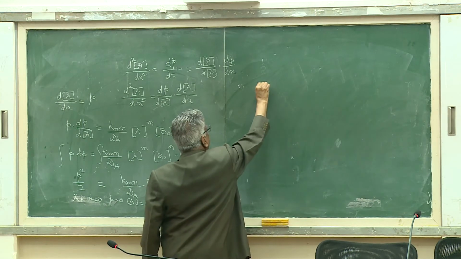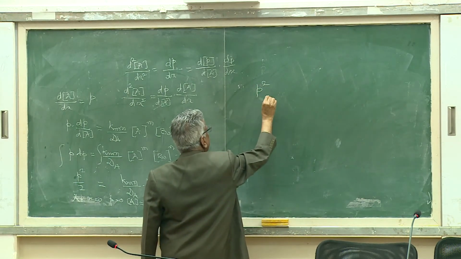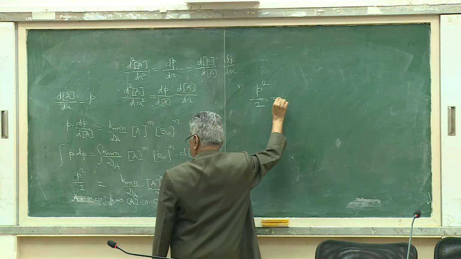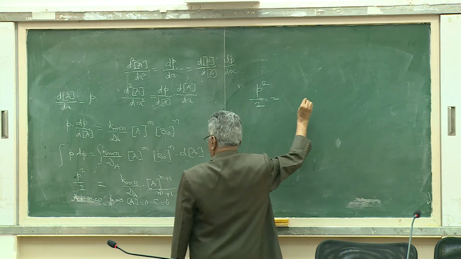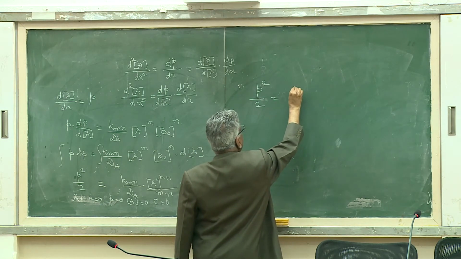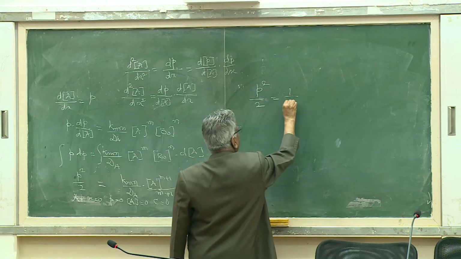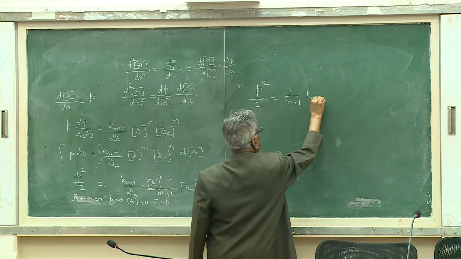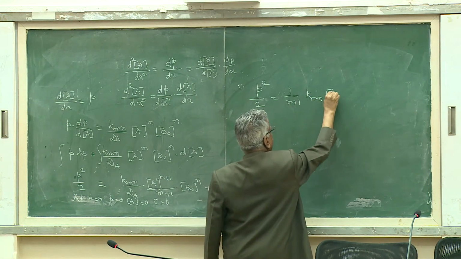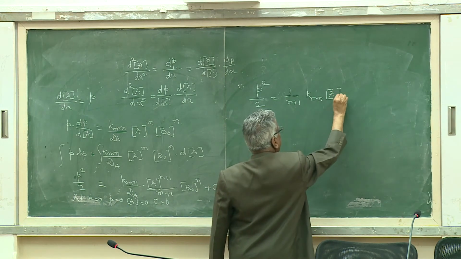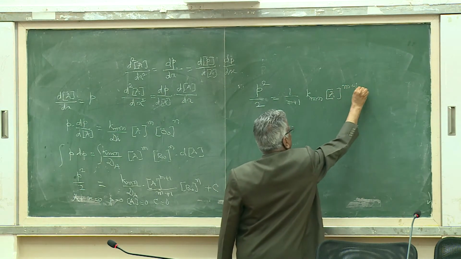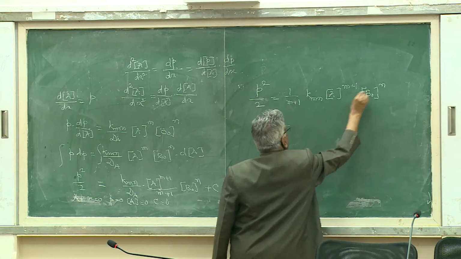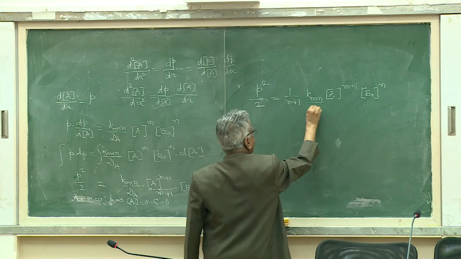Therefore, P square by 2 is equal to 1 upon m plus 1, Kmn, A star raised to m plus 1, B naught raised to n, divided by diffusivity.